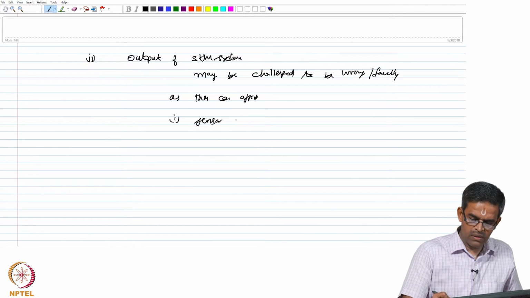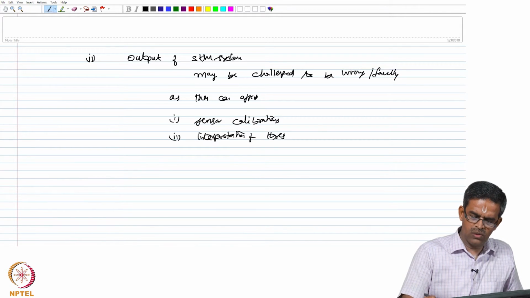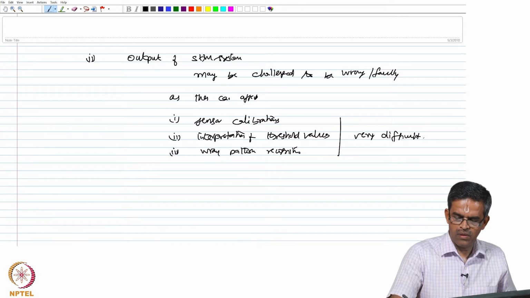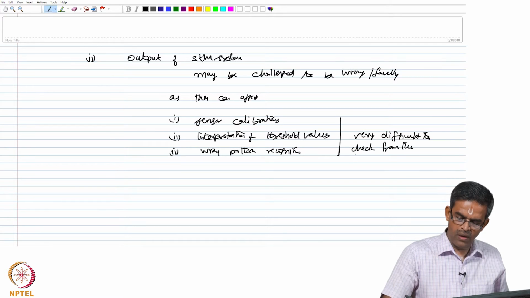The sensor calibrations, interpretation of threshold values, wrong pattern recognition, which may be very difficult to check from the observed data.